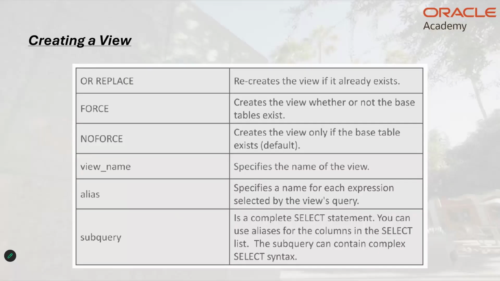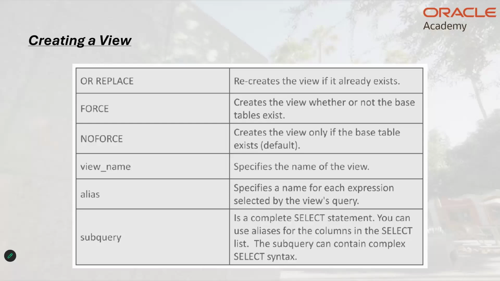Now remember, the base table is what the view is based on. You can force creating a view, which comes in handy if you just want something to test data or some other scenario. No force creates a view only if the base table exists. That's the default. If the table doesn't exist and you don't use the word force, then you get, obviously, a view creation error.